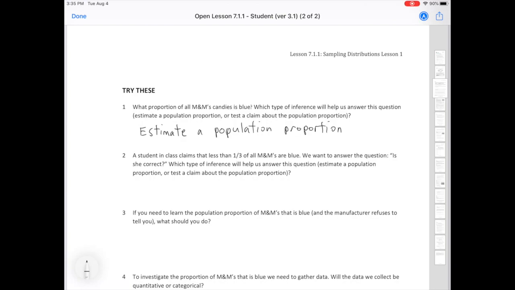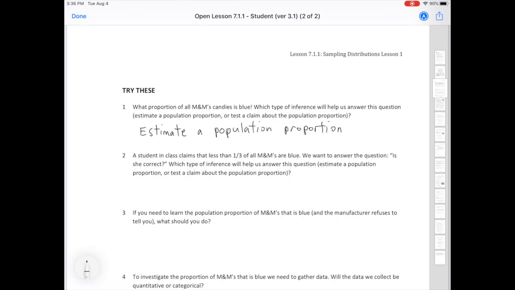Now, let's look at number 2. A student in class claims that less than 1/3 of all M&Ms are blue. We want to answer the question, is she correct? Which type of inference will help us answer this question? So which is it? Are we estimating a population proportion, or are we testing a claim?